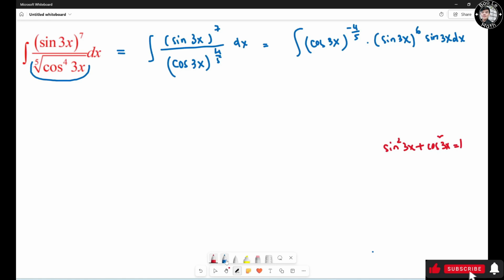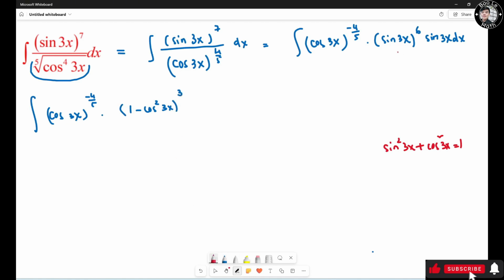So this guy turns out to be the integral of cosine of 3s to the negative 4/5 times 1 minus cosine square of 3s altogether raised to the power of 3, right?